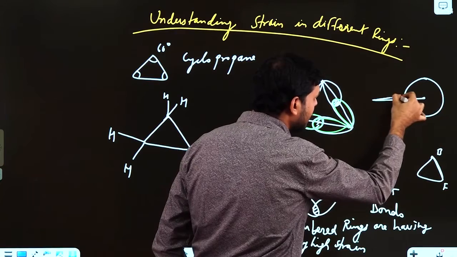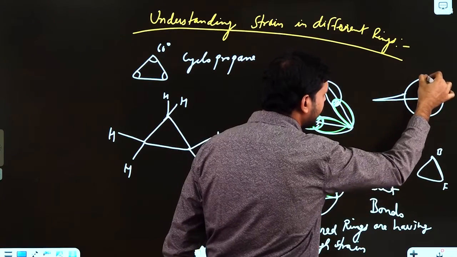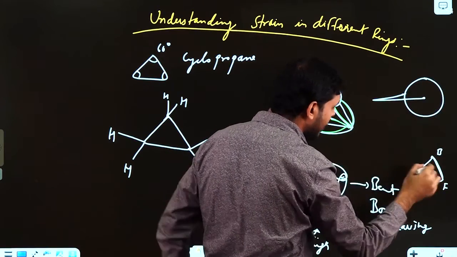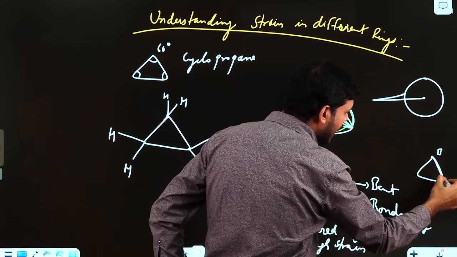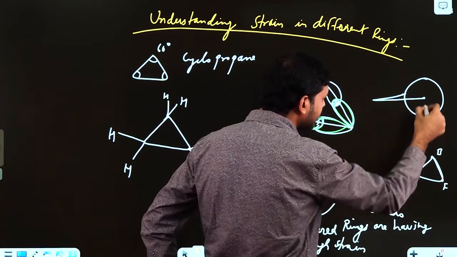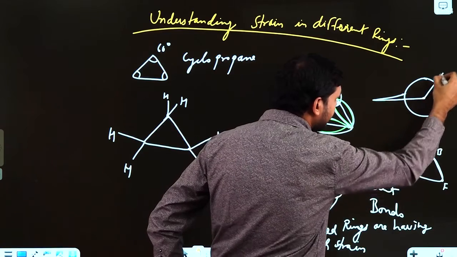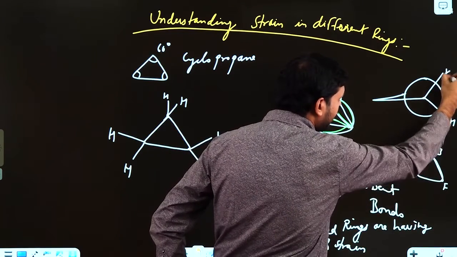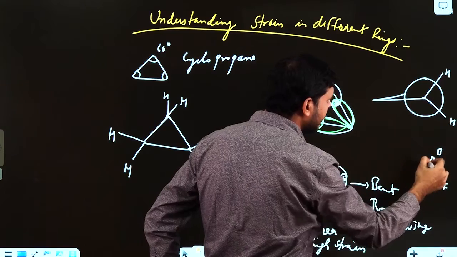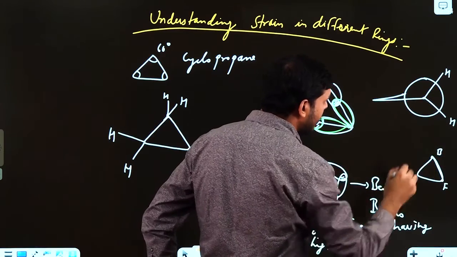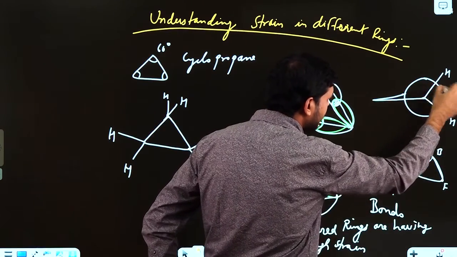So this carbon and this. Now you see, this has two hydrogens, this part and this part.